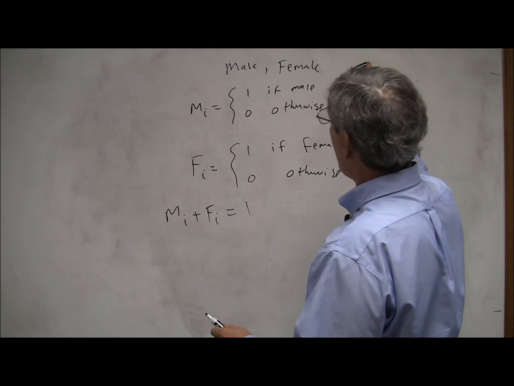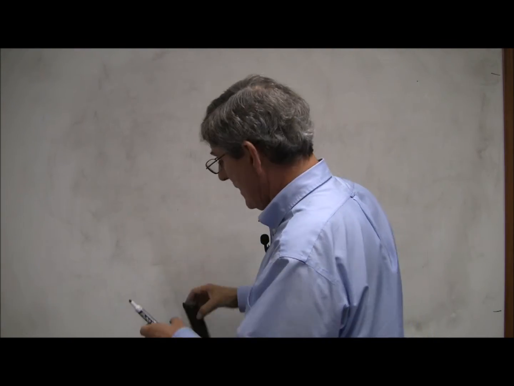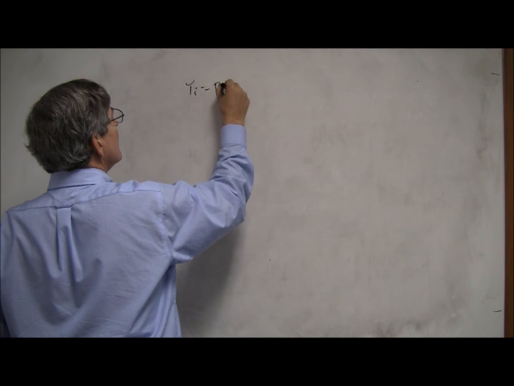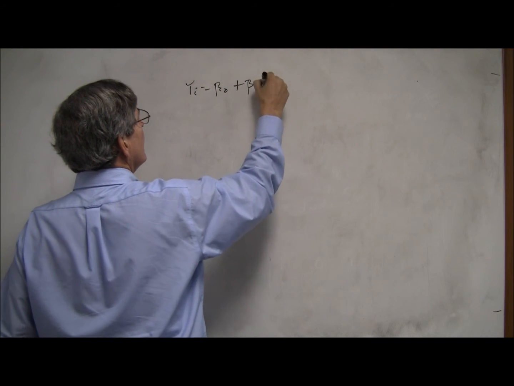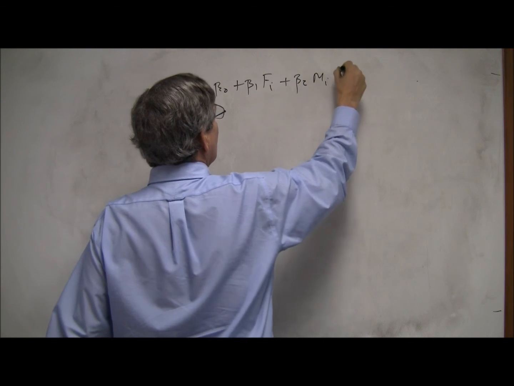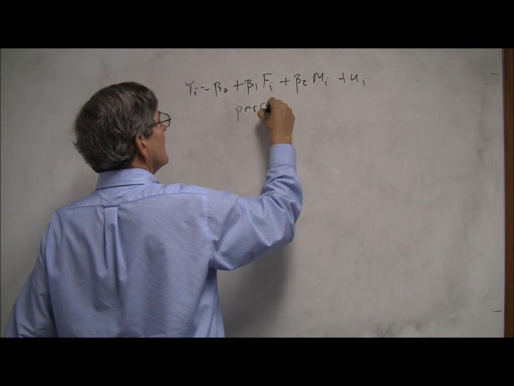So let me pick fi as my variable. I can't put both in. If I try to run yi equals beta 0 plus beta 1 fi plus beta 2 mi plus ui, then I'll have perfect multicollinearity.